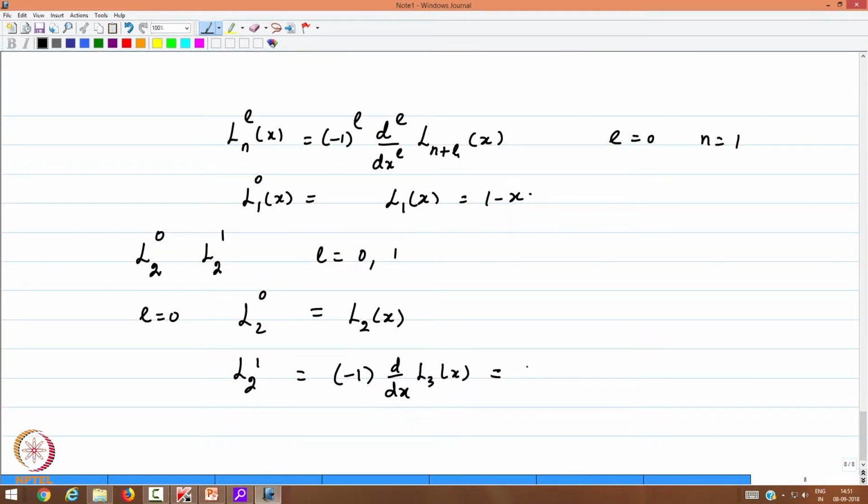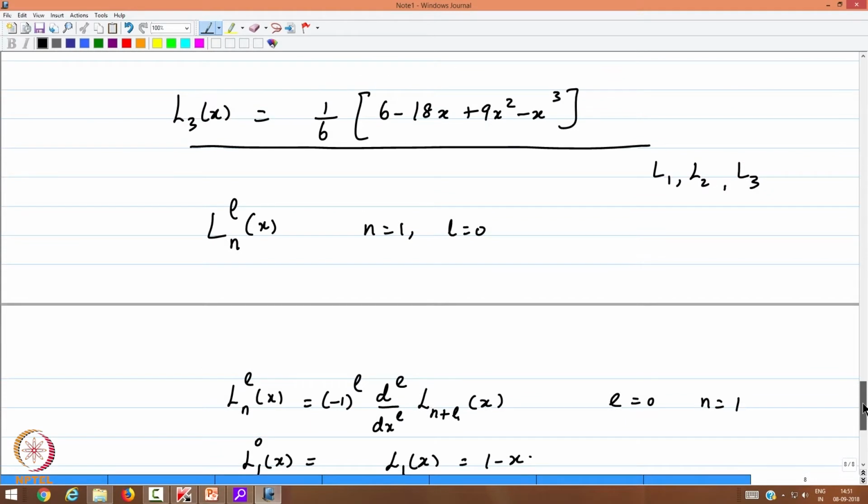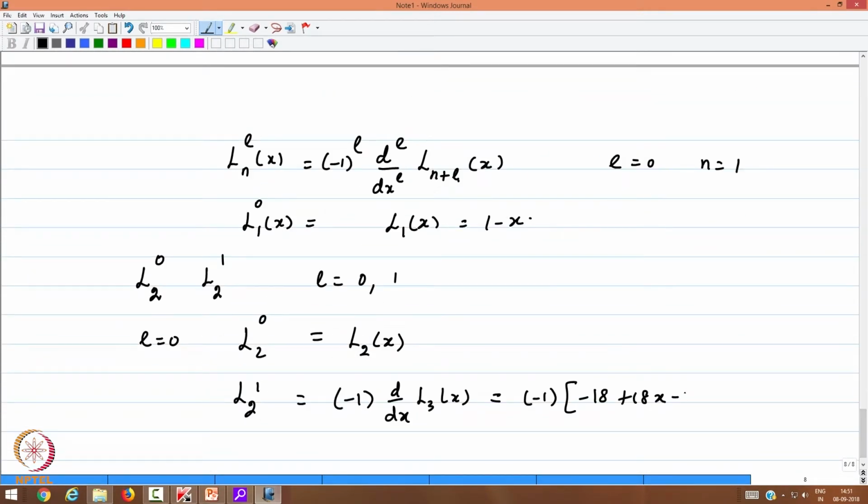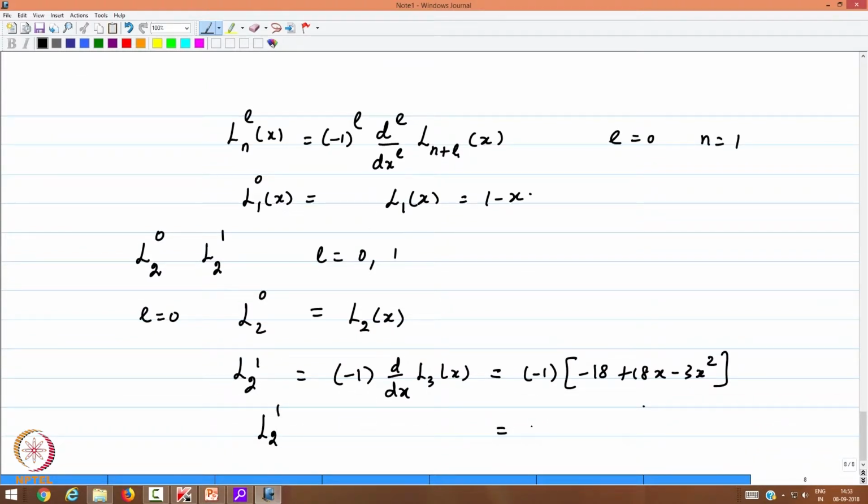You will get minus 1 times minus 18 plus 18x, and then you have minus 3x squared. So, 18 plus 3x squared. So, what you have is L2 of 1 gives you 18 minus 18x plus 3x squared.